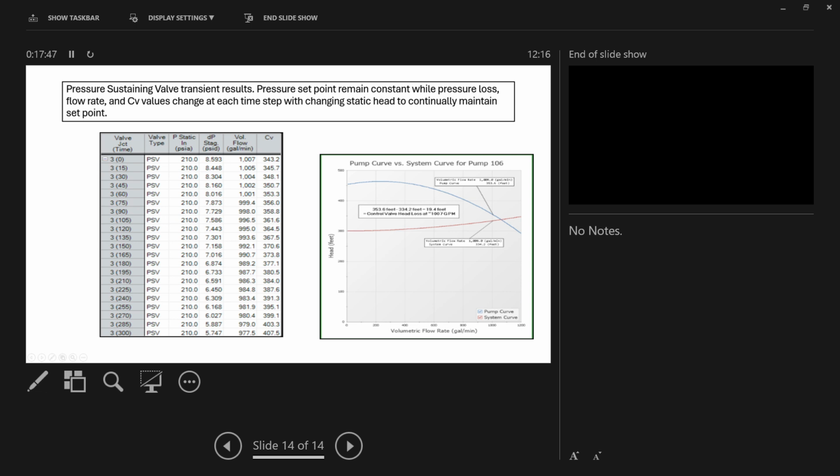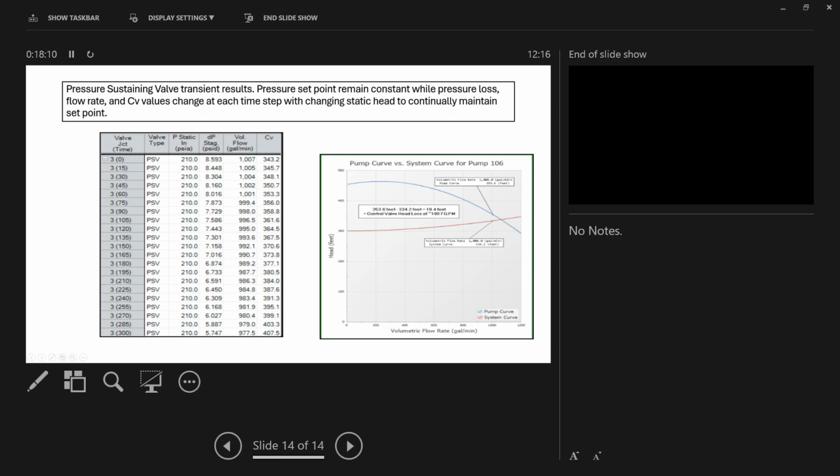And what is the system resistance curve pressure here? Now it is 334. So what is the differential pressure drop? This minus this is 19.4 feet. 19.4 feet means 8.593 PSI differential.